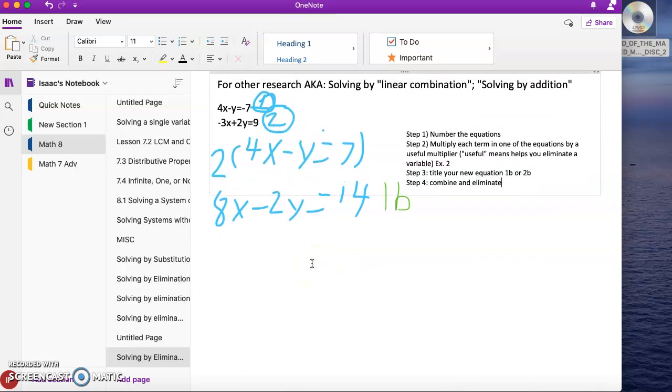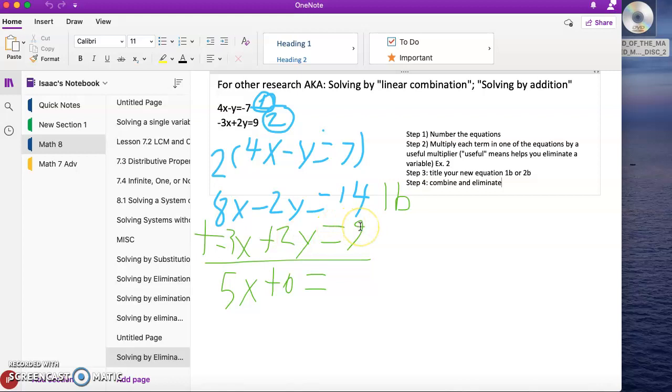So now because I made this equation out of number 1, I'm going to combine it with number 2. So I'm going to say 8x minus 2y equals 14 plus equation number 2, which was negative 3x plus 2y equals 9. So now 8x plus negative 3x is going to be 5x. Negative 2y plus 2y is 0.